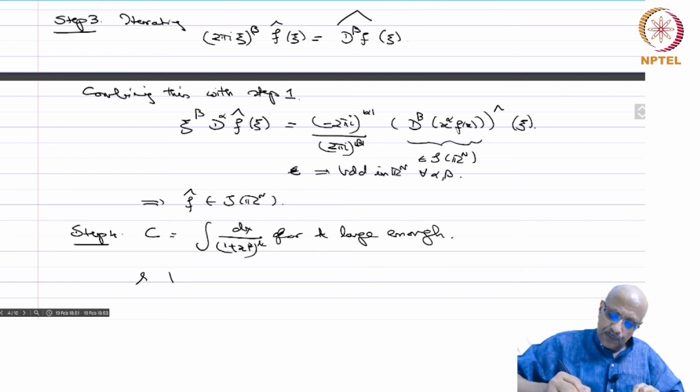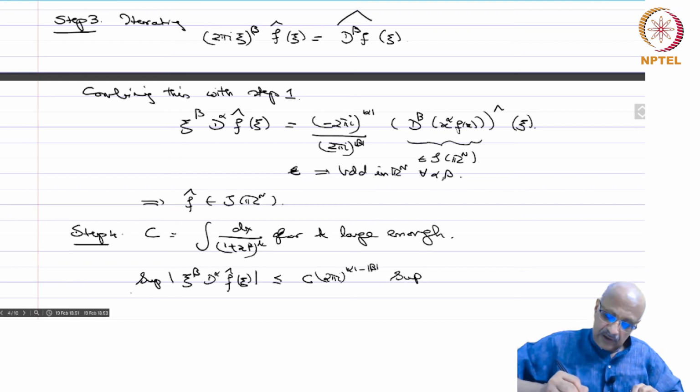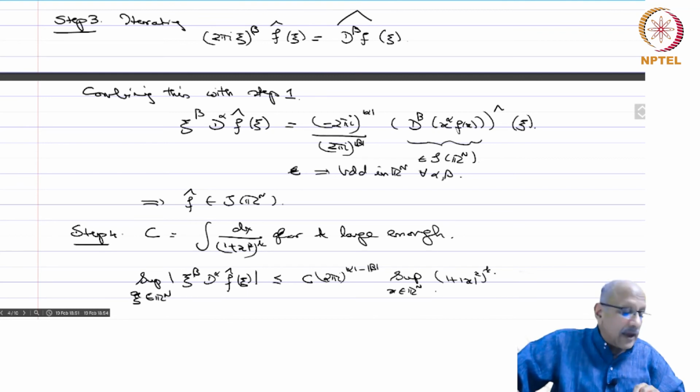We have that the sup of |xi^beta d^alpha f hat(xi)| is less than or equal to C times (2 pi)^(|alpha| minus |beta|) sup over x in R^n of (1 plus |x|^2)^k |d^beta (x^alpha f(x))|.